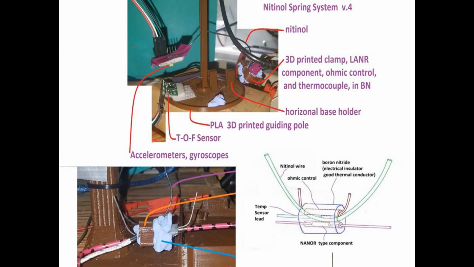The core sandwich, consisting of the nitinol wire, the ohmic control, the temperature sensor, and the LANR type component, covered in boron nitride, was put into 3D printed spring systems, also containing numerous sensors.